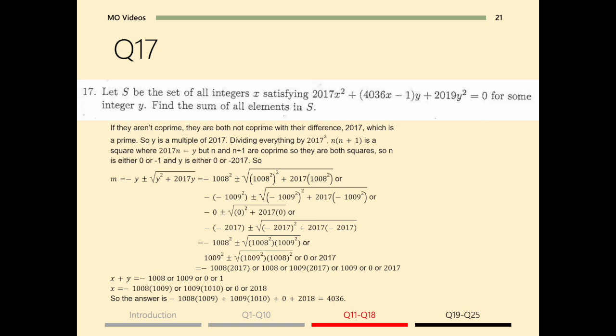But n and n plus 1 have to be coprime, so they are both plus or minus a square. So n is obviously either 0 or negative 1, and so y is either 0 or negative 2017. So now that we found all possible values of y, we can find all possible values of m, and therefore find all possible values of x, and we can add them together to get that the answer is 4036.